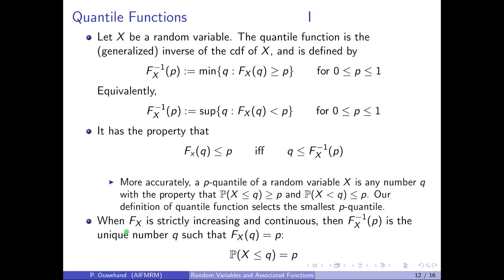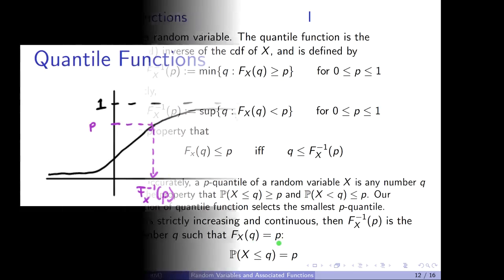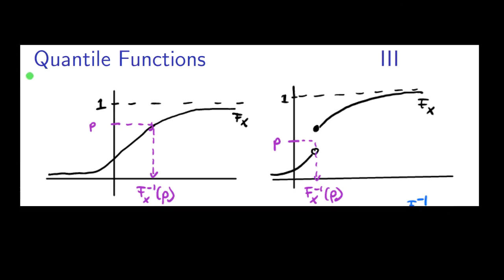Note that when the CDF is strictly increasing and continuous, then the quantile function evaluated at P is the unique number q where the CDF evaluated at q is equal to P. In other words, it's then the point q where the CDF hits the level P. Graphically, suppose that we have a CDF shown in black over here, and that P is a number between 0 and 1.